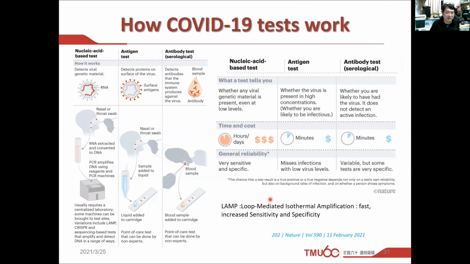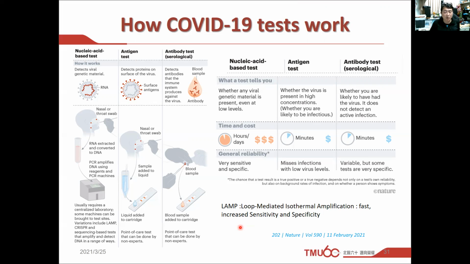Okay, another PCR method is what we call LAMP, loop-mediated isothermal amplification. It's very fast, with increased sensitivity and specificity. Okay, they apply 4 to 6 primers to amplify the particular genome or viral RNA.